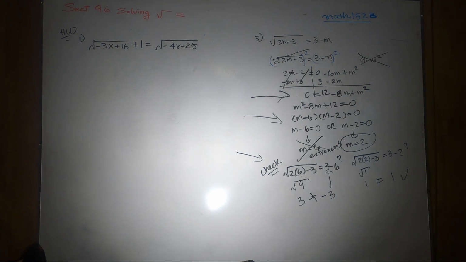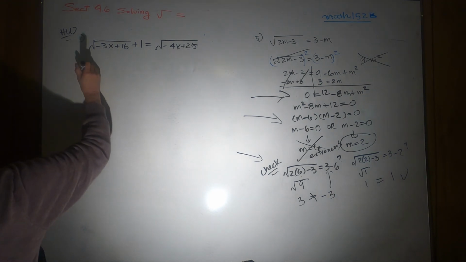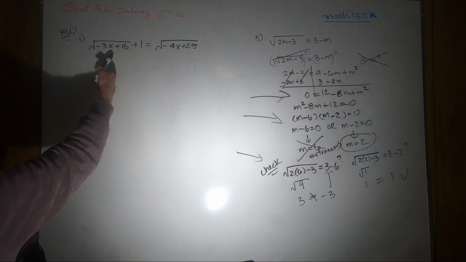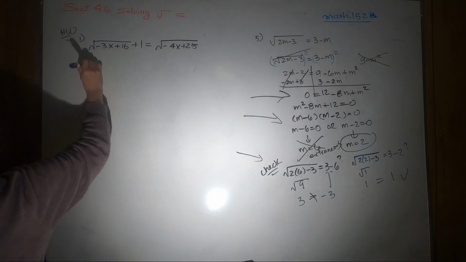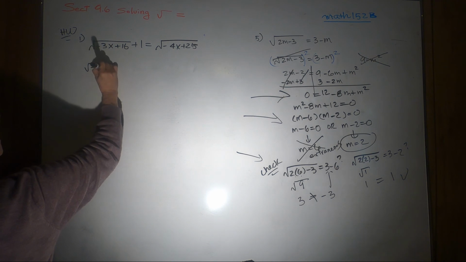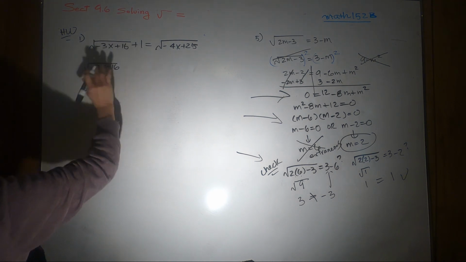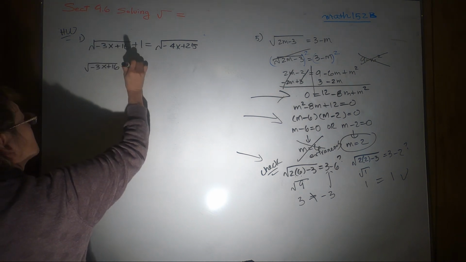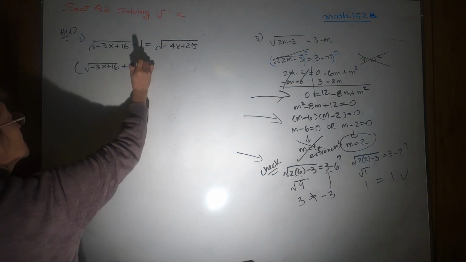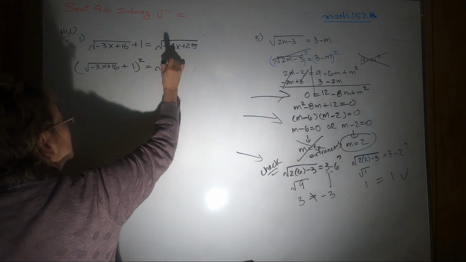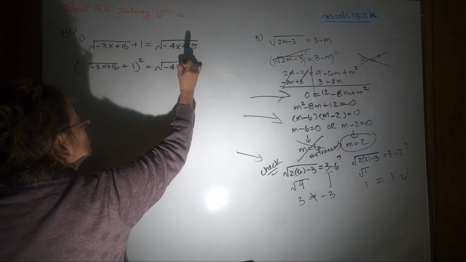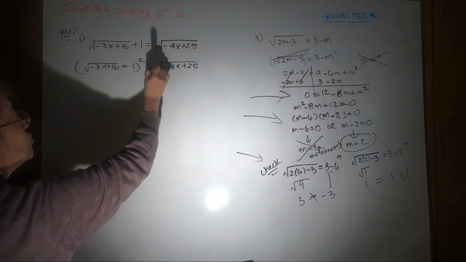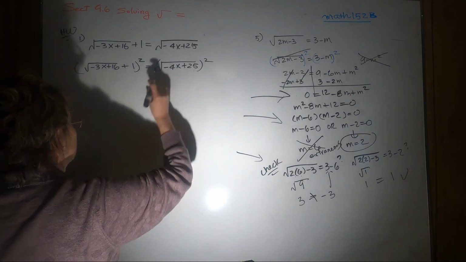So we at least will show you once. You cannot get the radical by itself because you have two of them, right? If you move one to the other side, it will still not work. Because when you square both sides, you can only get rid of one of them at a time.